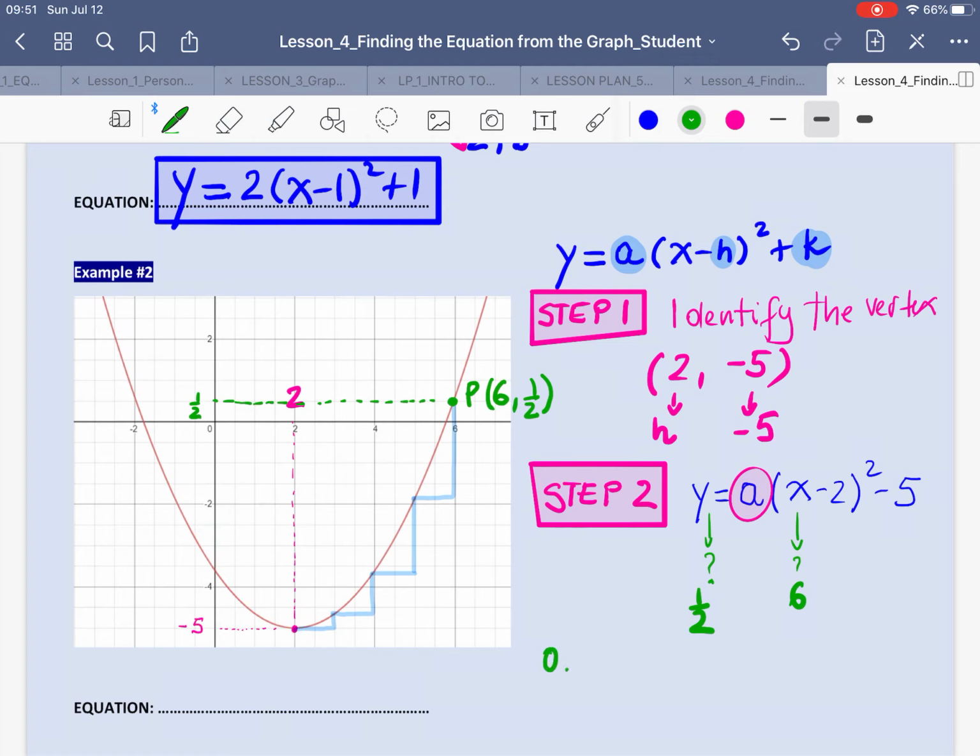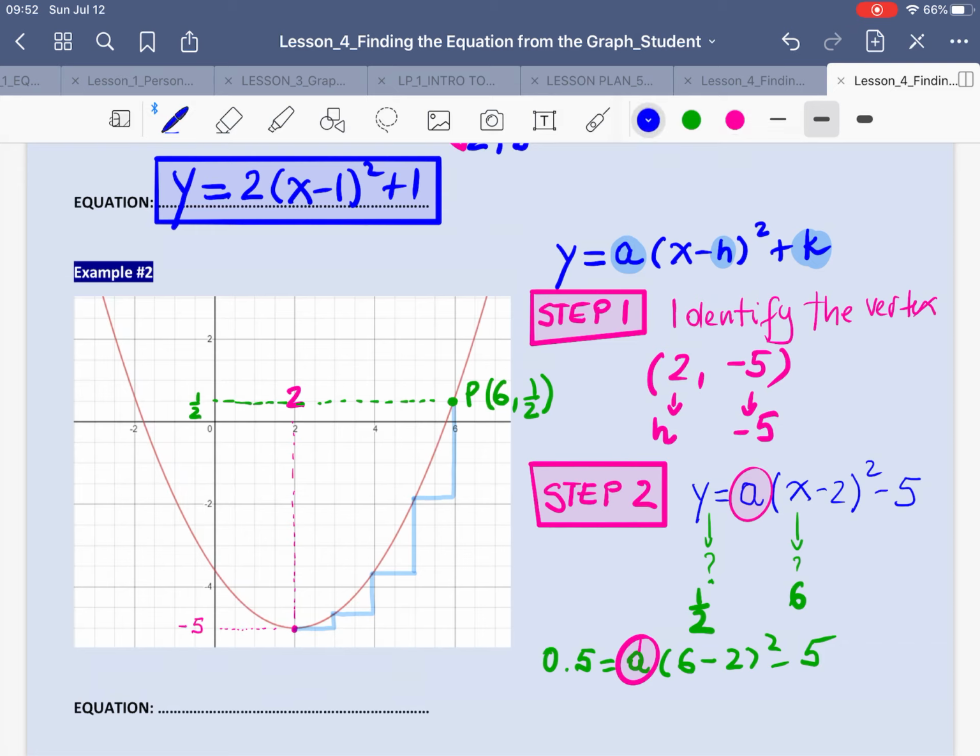You can use 0.5, as long as you are not rounding a fraction, then you can use it in your calculations. Equals a that we don't know, 6 minus 2 squared, then minus 5. As you see in here, you only have one variable to solve for, the variable a, which is our coefficient, right? Constant in the equation. And we're going to solve.